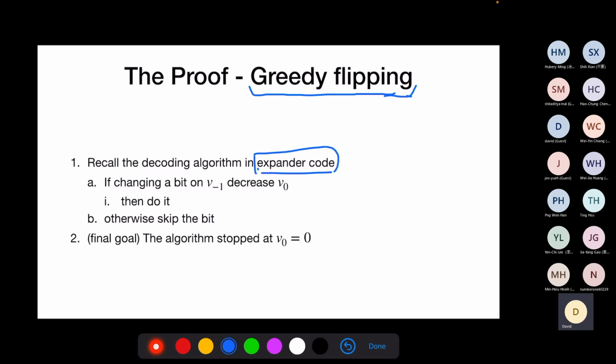What it will do is try to change a bit on v-1, and we'll see if the size of v0 decreases. If it does, then we'll flip it, we'll change the bit. And if not, then we'll just look at the next bit.